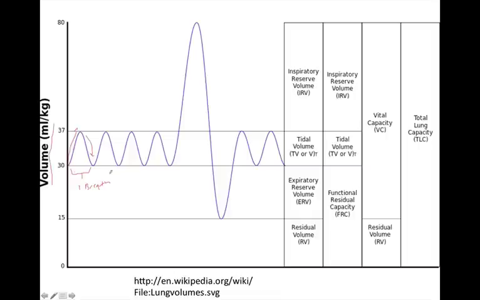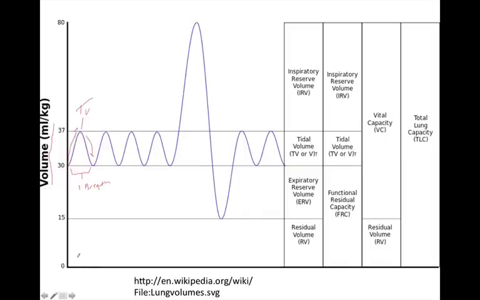Now, what this one breath is showing you is tidal volume. Let's think about this for a second. For starters, why are we starting at a little over 3 liters? Why are we not starting at 0?